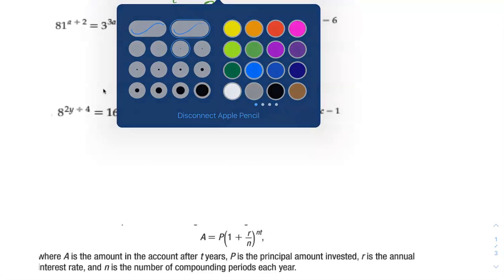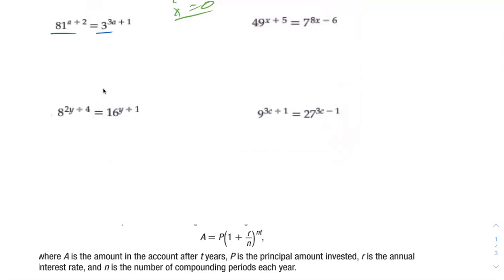The next one, I want these to match, so I can't do anything to 3, 3 is as low as it goes, but 81, you gotta know 3's powers. 3 squared is 9, 3 cubed is 27, 3 to the 4th is 81. So 3 to the 4 times a plus 2 equals 3 to the 3a plus 1. Very important right here, if you notice, I put parentheses because it's 4 times both of these, not just the a.